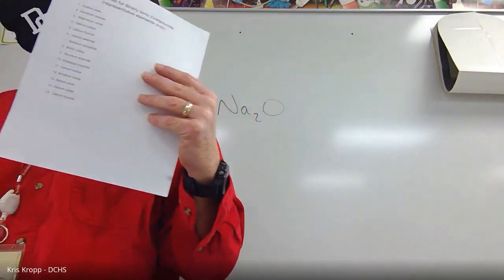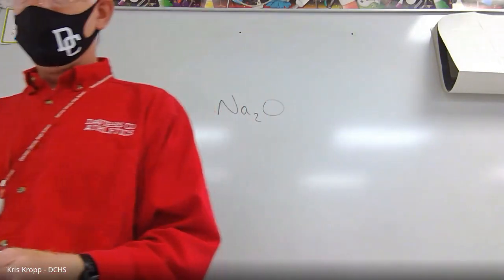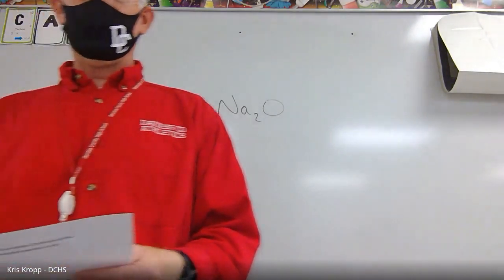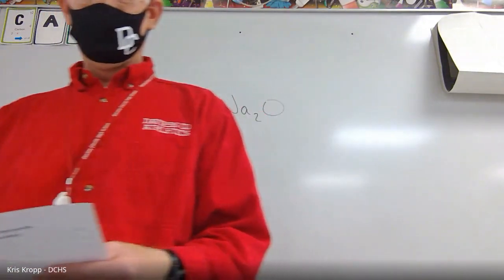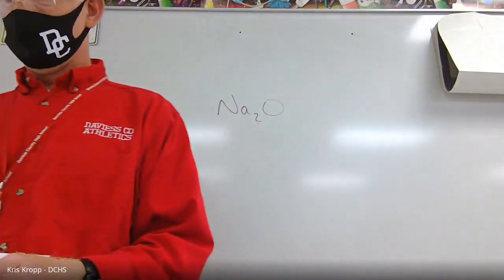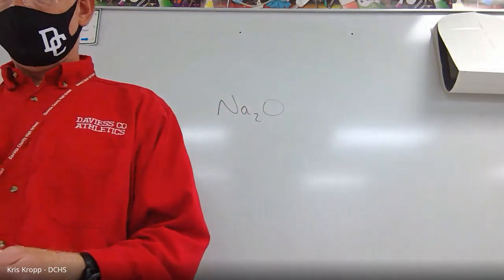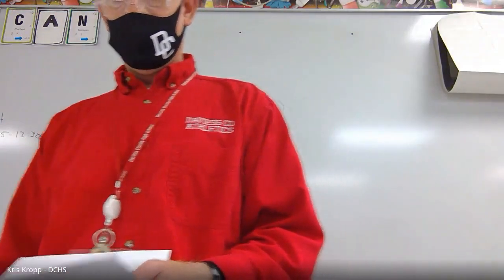Any questions on the first side? All right, on the second side, number 1 is calcium nitride. Number 2 is potassium iodide. Number 3 is gallium bromide. Number 4 is lithium oxide.